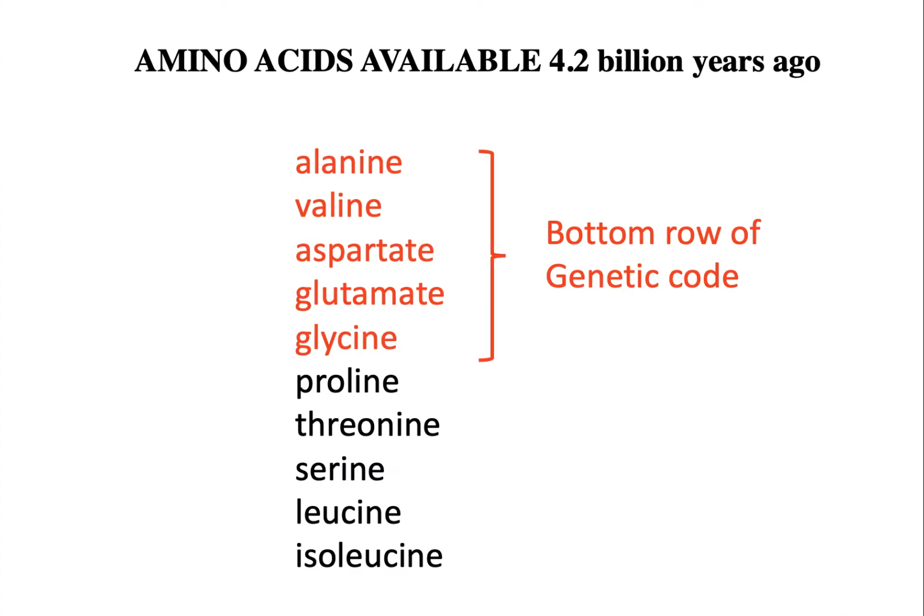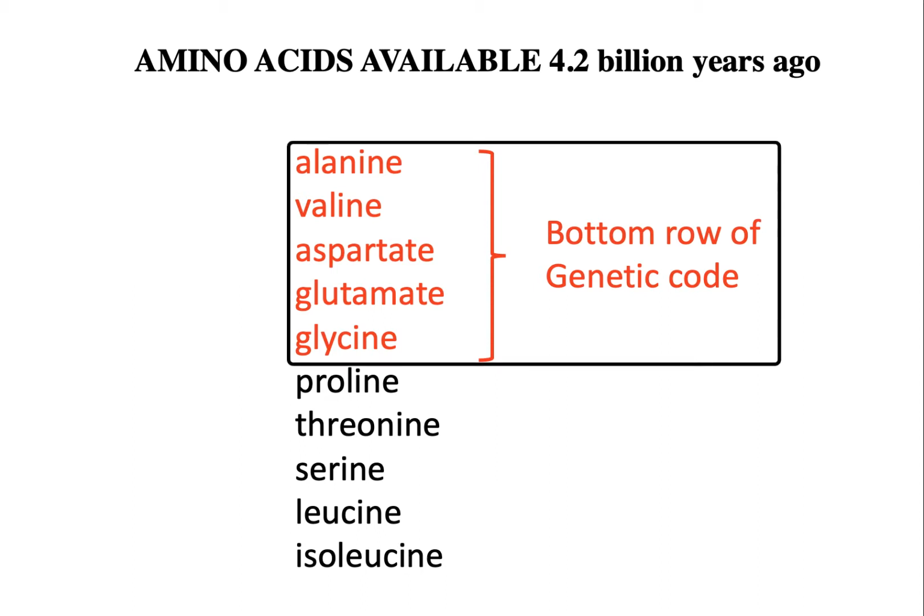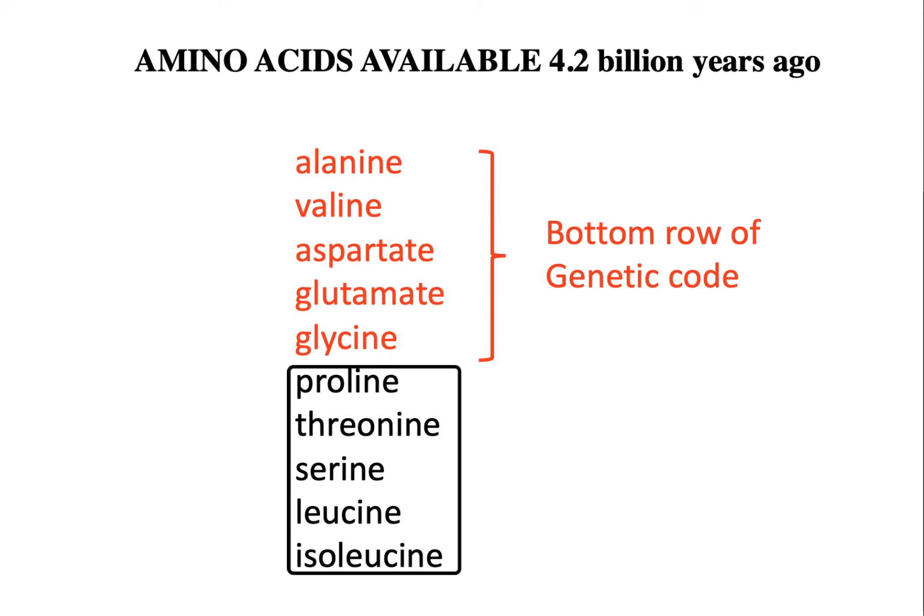And if you look at those 10 amino acids that were available 4.2 billion years ago, proven by a couple of different pieces of evidence, including Stanley Miller's experiments and the Murchison meteorites, these 5 are on the bottom row of the genetic code, and 4 of these 5 are on the next row up. So that tells you something about the evolution of the genetic code already, that it probably started from the bottom of that code and worked upwards.